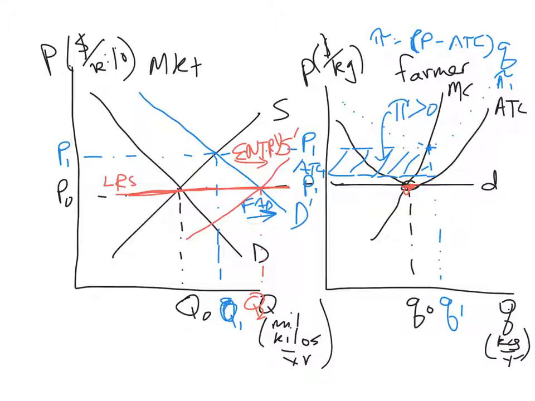I actually did some research, and events in this market were really interesting after 2011. But anyway, if you thought it was a drought, then in the long run, prices would fall back down to their original level, assuming that it's not a new climate warming type of drought that's not going to go back to its original level.